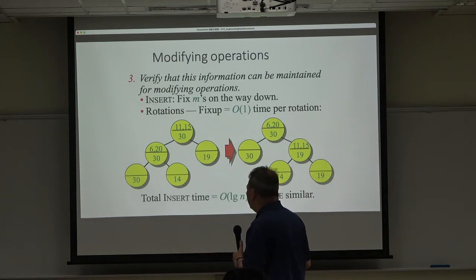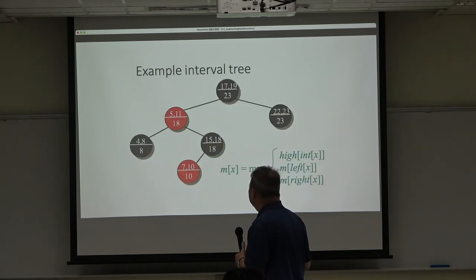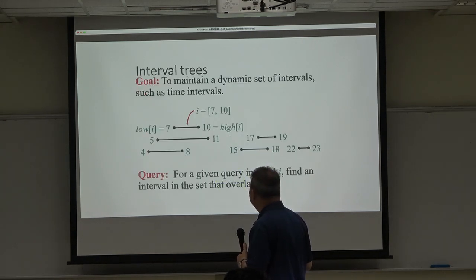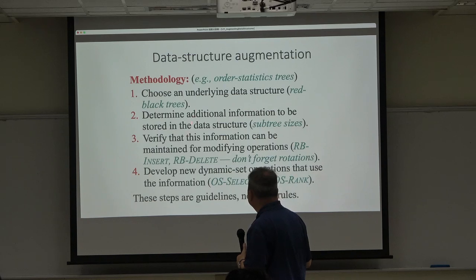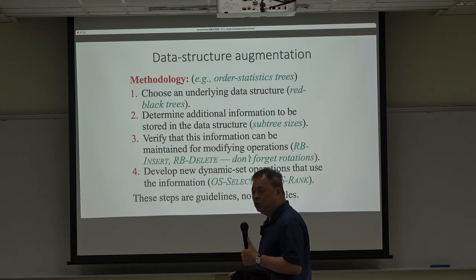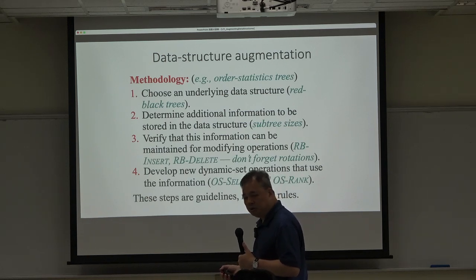And then we need to make sure, according to our guideline, we already finished the first step and the second step. What additional information is to be kept at each node?